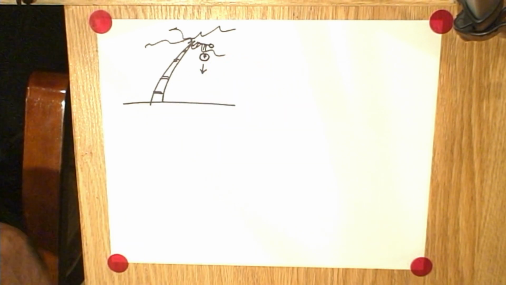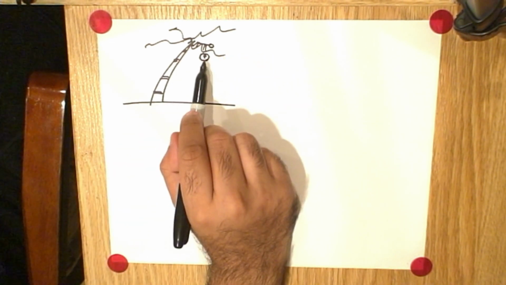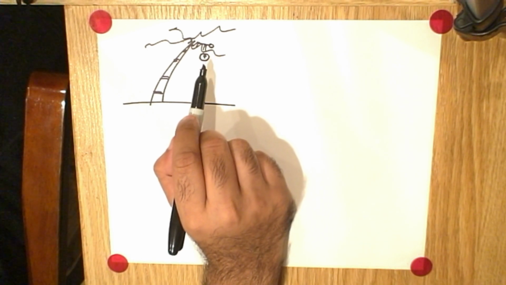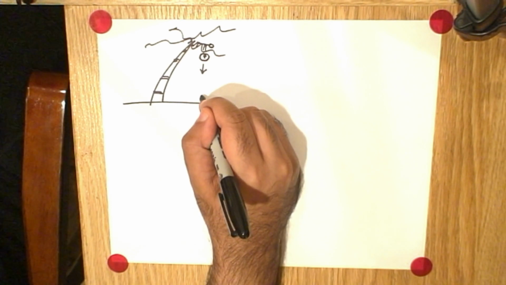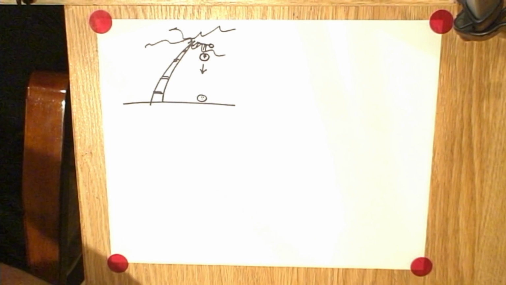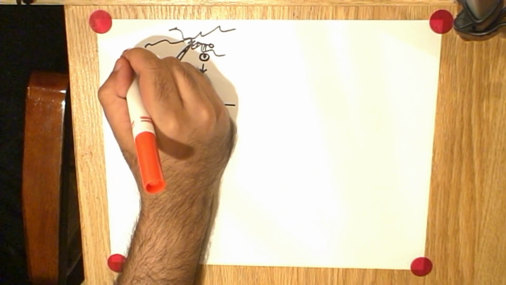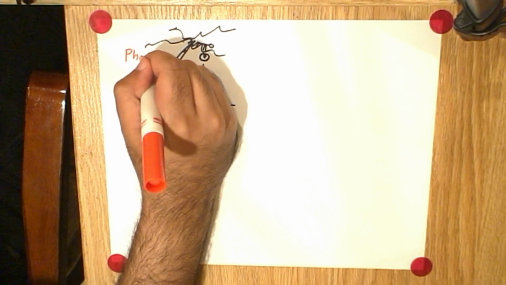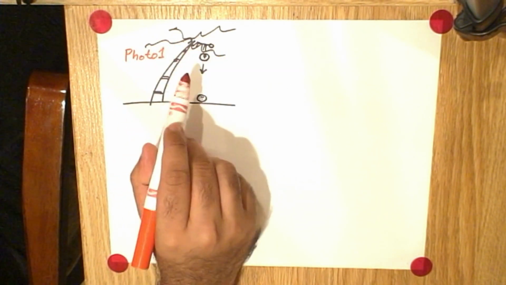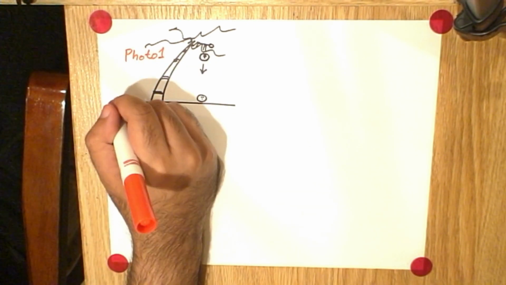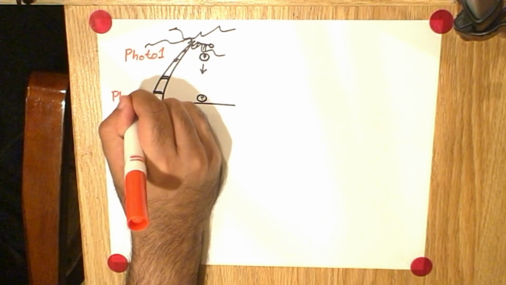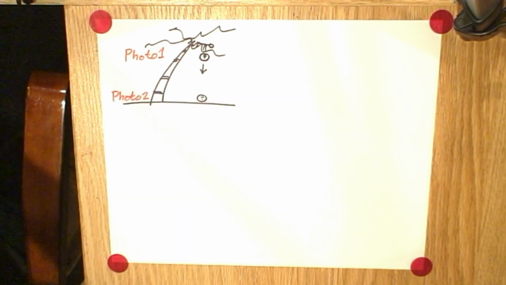So initially, we look at the coconut just as it escapes the monkey's grip, and later on we look at the coconut a nanosecond before it hits the ground. So we could say that photo 1 is just when the monkey loses contact with it, and photo 2 is just before it hits the ground.